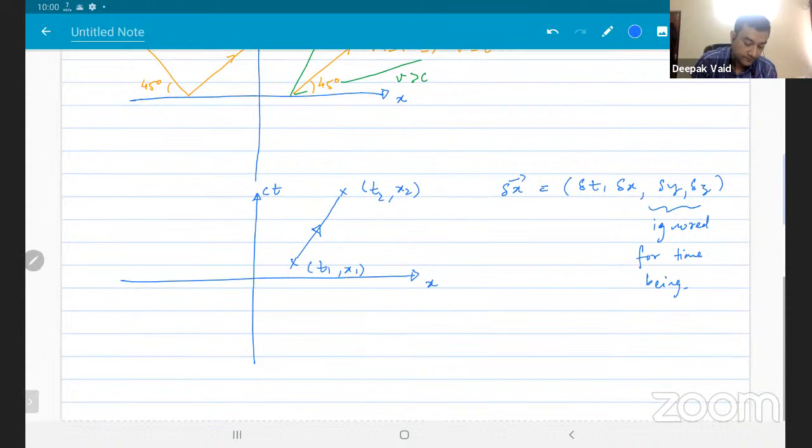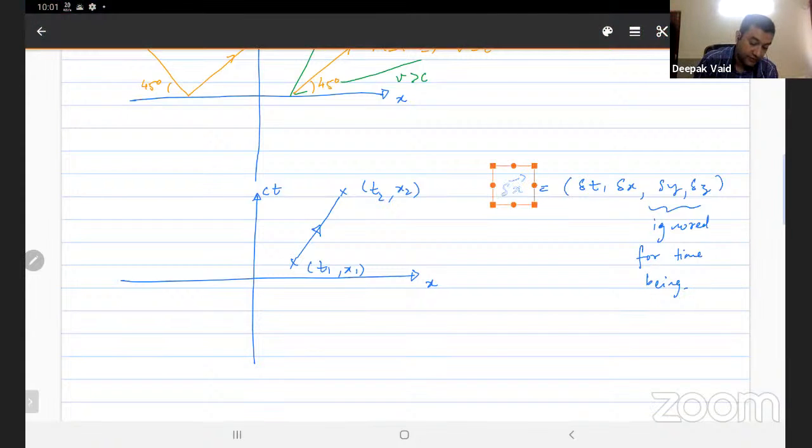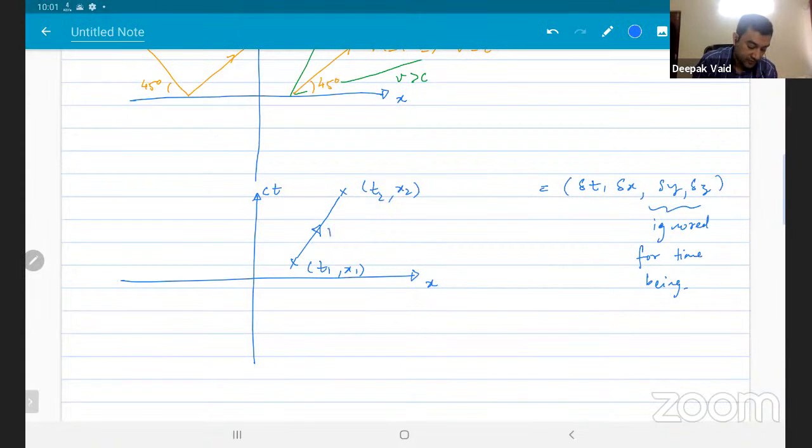All right. So what is the length of this vector? Instead of delta x, let me call it something else. We call this vector r. What is the length of this vector? R, or length squared? Anybody? And yeah, what is the length?